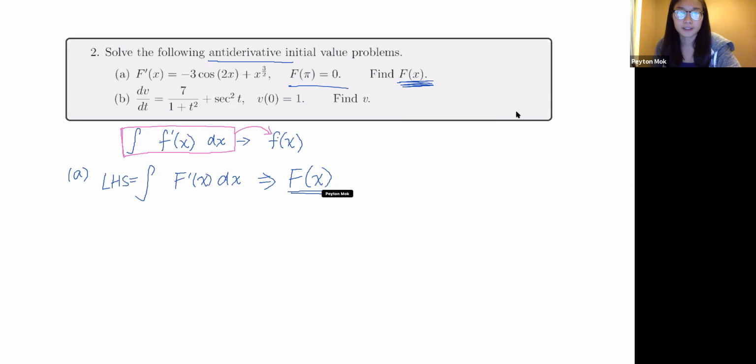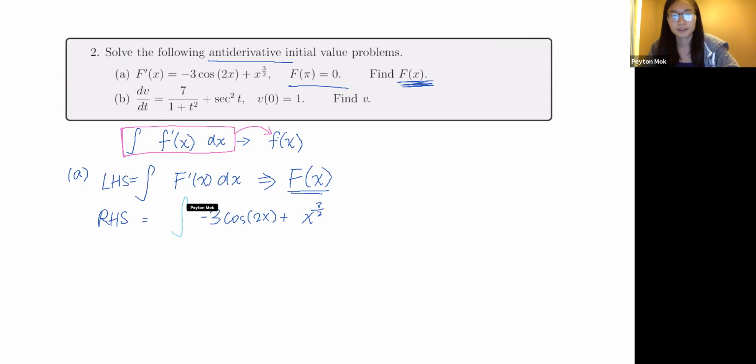What about the right-hand side? On the right-hand side, you have the function of this, minus 3 cosine 2x plus x to the power 3 over 2. Now we have to do the integration here as well, because when you're integrating the left-hand side, you have to do it for the right-hand side as well.